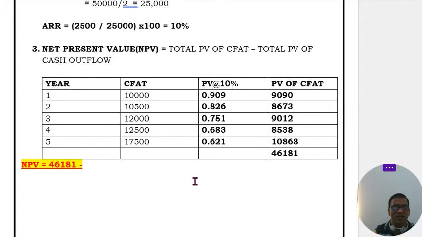Year 0 means it is already a present value, there is no need to convert. So that is 50,000. We got NPV in negative: 46,181 minus 50,000, so you get a negative value of 3,819. NPV is negative.